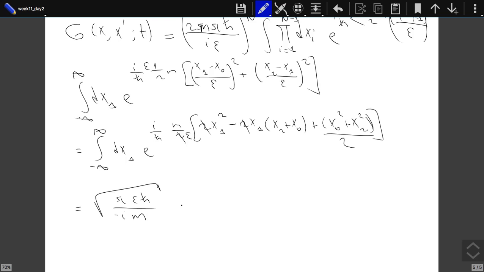Well, this is, I'm just taking pi over the coefficient of minus x1 squared. e to the power i over h bar m over epsilon. Well, first of all, I already have terms that do not contain x1. And then when I complete it to squares, I will get an additional term, so I have to subtract that one, and that will be x2 plus x0 squared over 4.